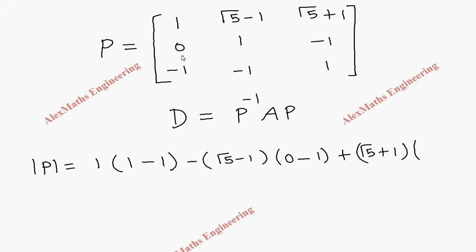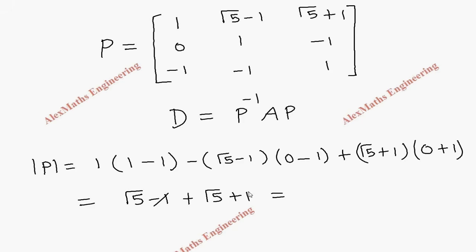into 0, then minus of minus 1 plus 1. So totally the first element is 0, second element minus 1, and this minus 1 will become plus. So we are left with only root 5 minus 1, and the last element is root 5 plus 1.